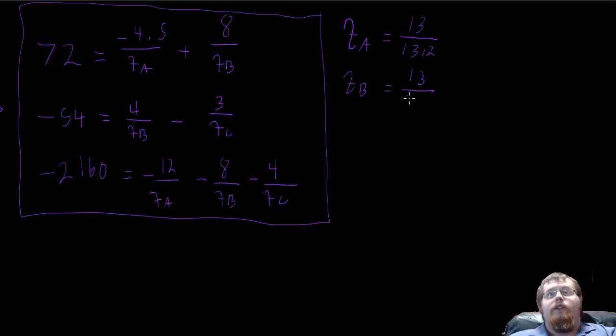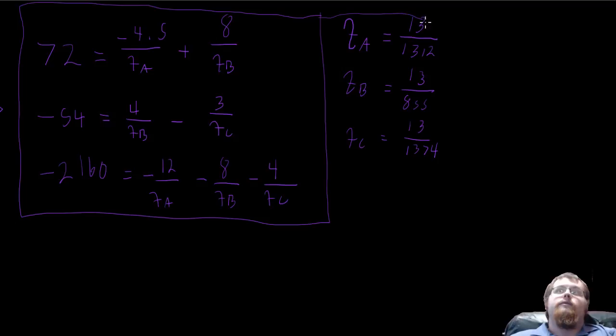And then that's over 855. And then we have TC is going to be equal to 13 over 1374. And no, this is not from memory. I have it right here beside me, so that wasn't such a good box.